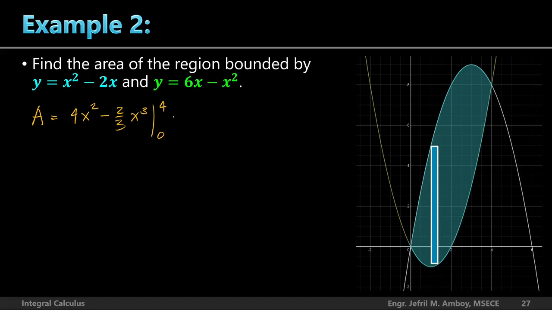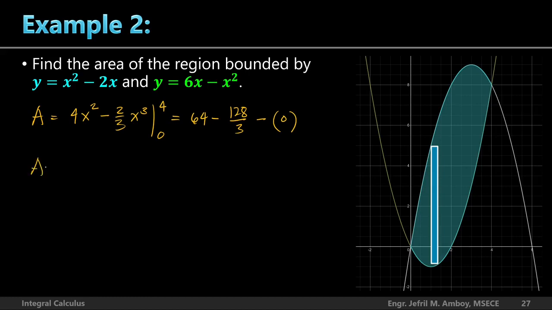Now, evaluating, so this x will be replaced with 4. 4 squared, 16. Times 4, 64. So, we have 64 minus. So, we have here x cubed. Ganun pa rin, no? 64 times 2, 128. So, 128 over 3. Then, minus, yung lower limit natin ay 0. So, pag itong dalawang x na ito, pinalitan natin ng 0, 0 sila parehas, di ba?